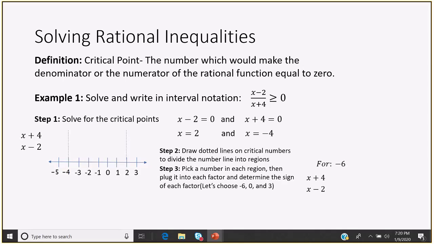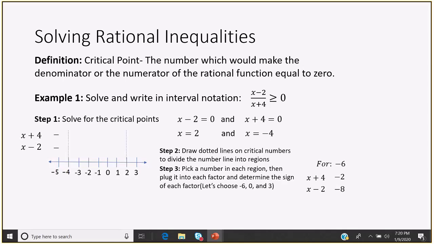So what we do now is we determine the sign of each of our factors using that number. We picked -6 for the region that's the furthest left on that number line. Well, -6 plus 4 will get me -2. -6 minus 2 will get me -8. And then, if we look back over to the number line, I'm going to put those negative signs in that region next to each factor.